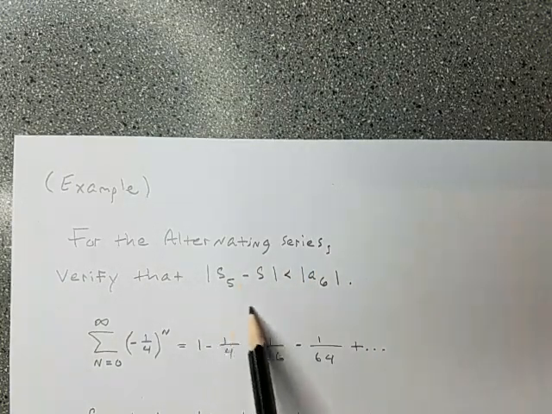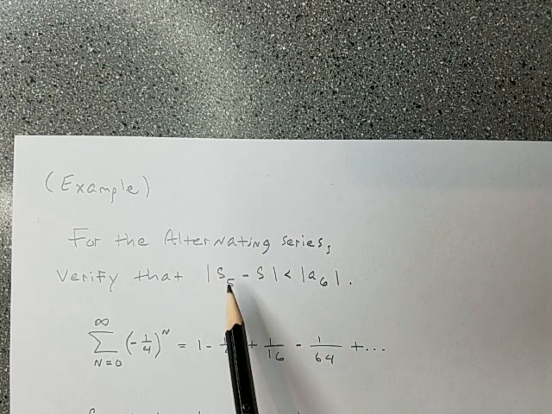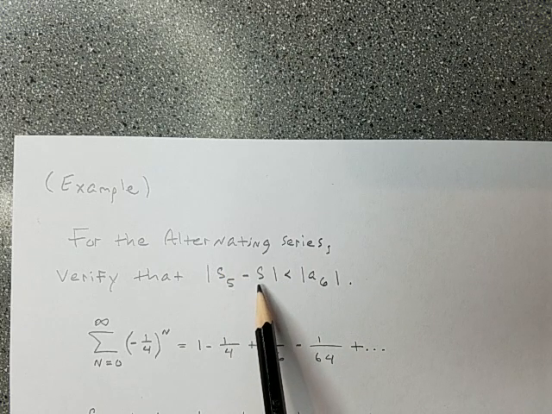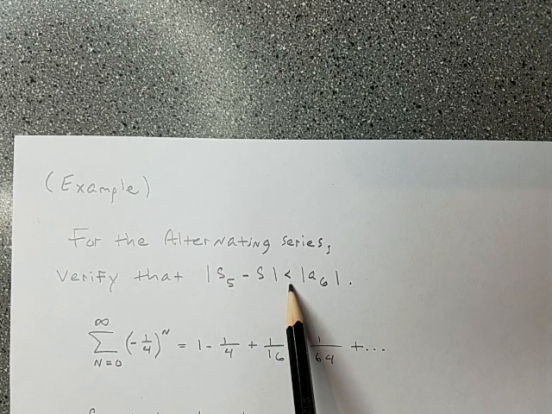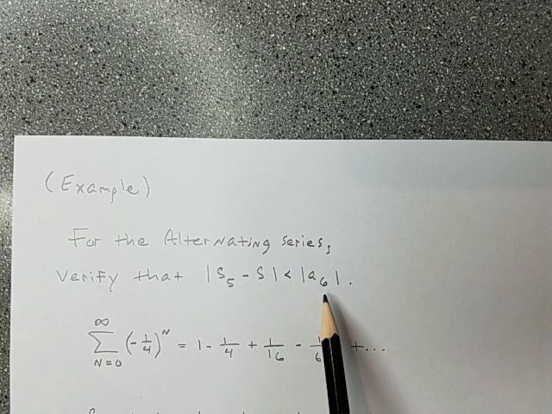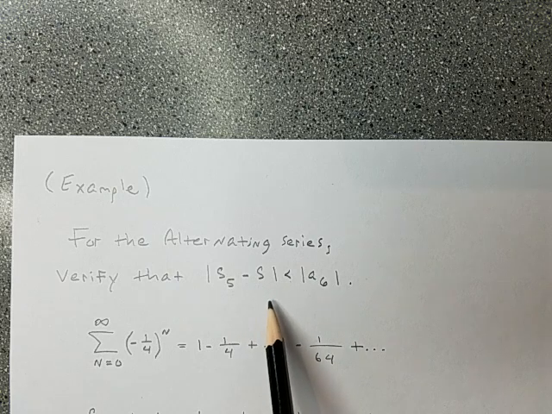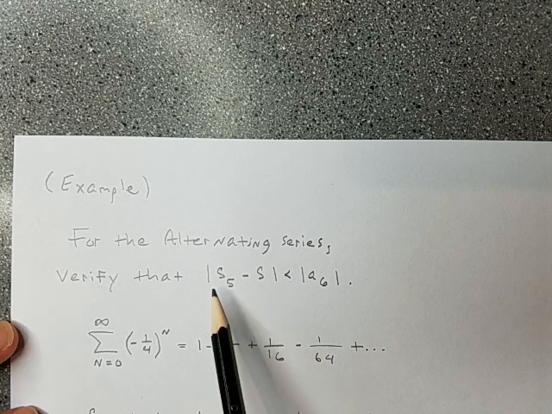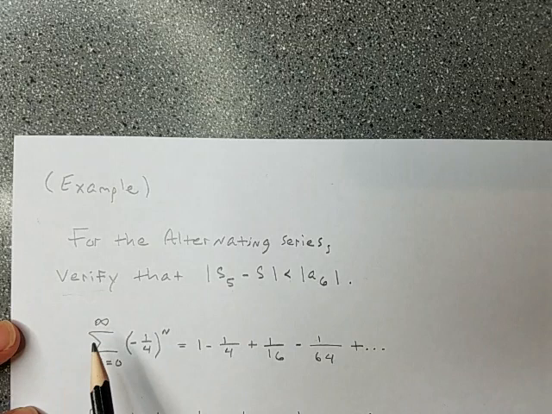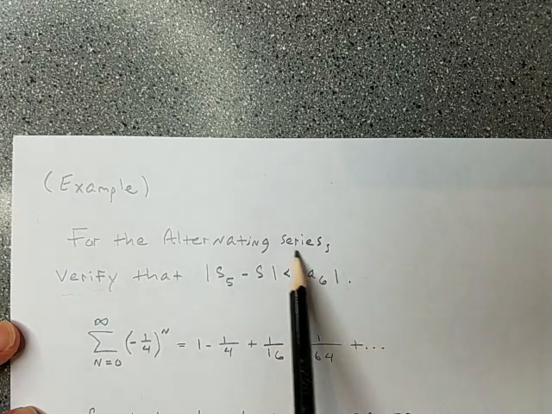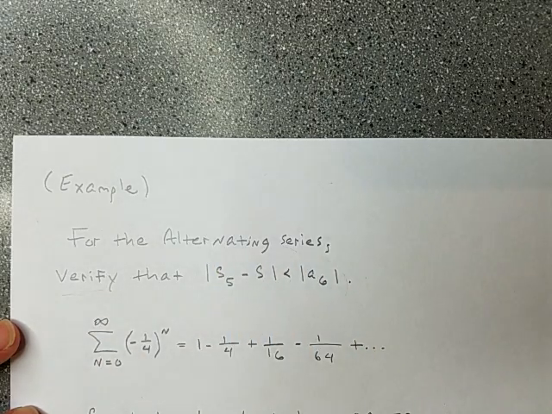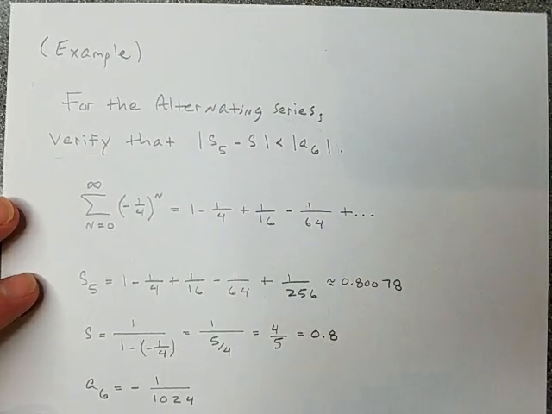Just to give you an example, this would be true: the absolute value of the sum of the first 5 terms minus S has to be less than the absolute value of the 6th term. That's like all those examples I was just showing you. Can you verify that? Meaning, can you calculate every single number here and prove it's true? Well, sure, we could do that. That wouldn't be so hard.